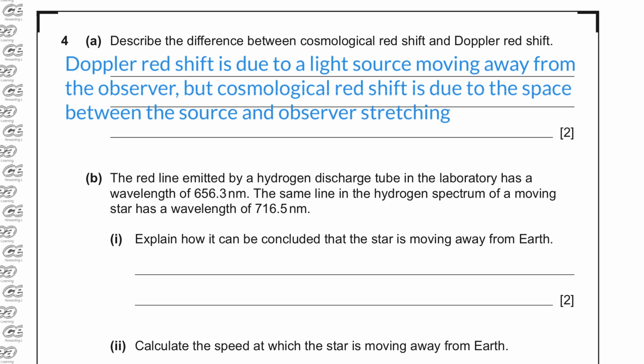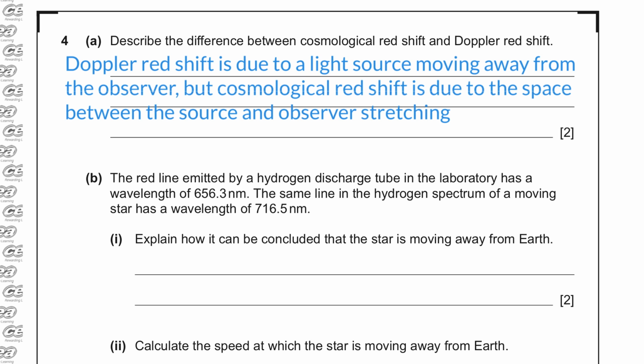Part B. The red line emitted by hydrogen discharge tube in the laboratory has a wavelength of 656.3 nanometers. The same line in the hydrogen spectrum of a moving star has a wavelength of 716.5 nanometers.